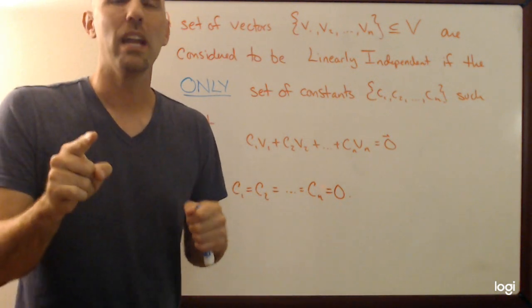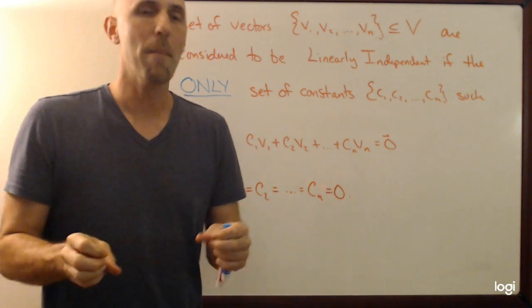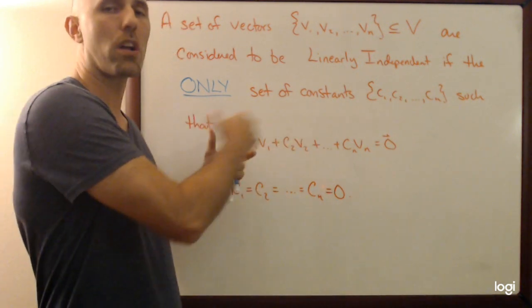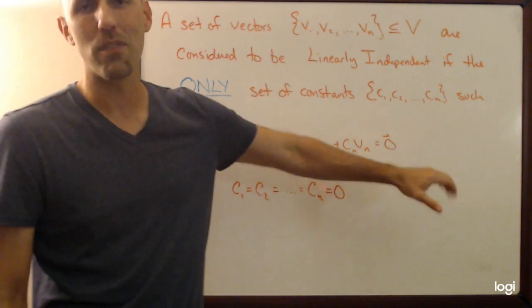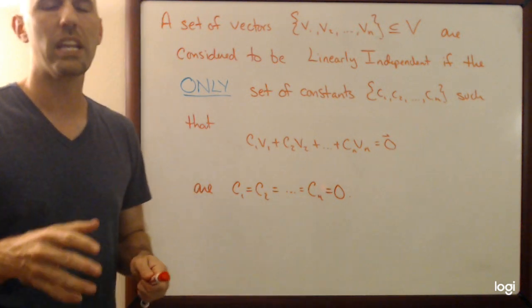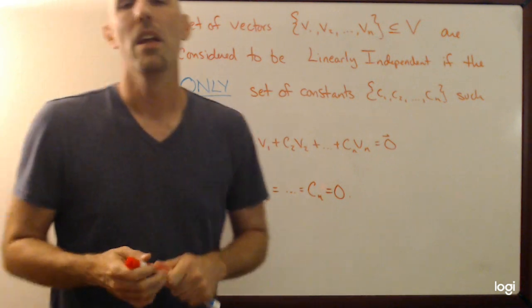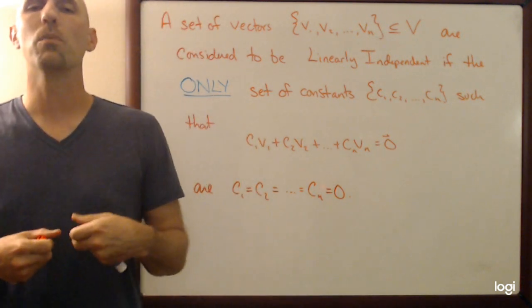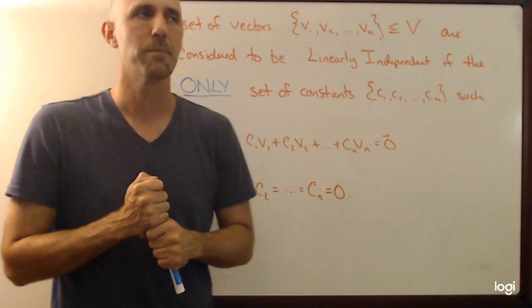But maybe that's the only solution. Maybe every other combination of constants you could put in here doesn't give you the 0 vector. That is linear independence. The opposite would be what we call linear dependence. I'm going to give you some examples in a second.